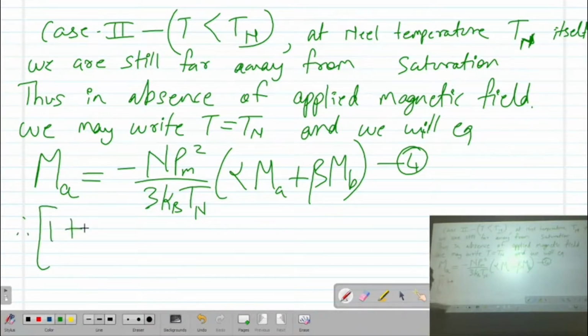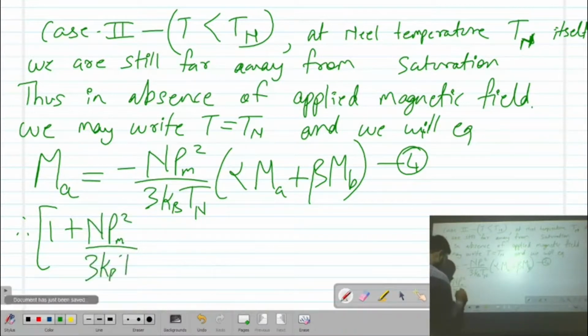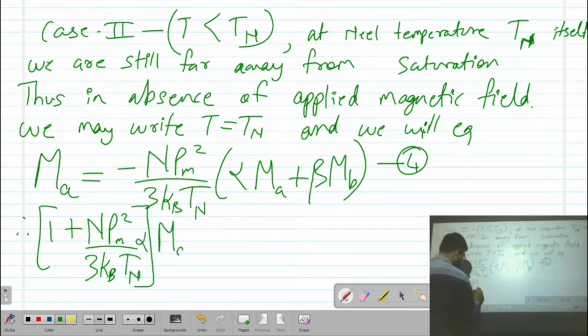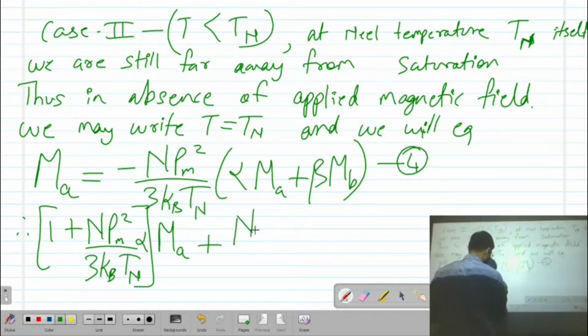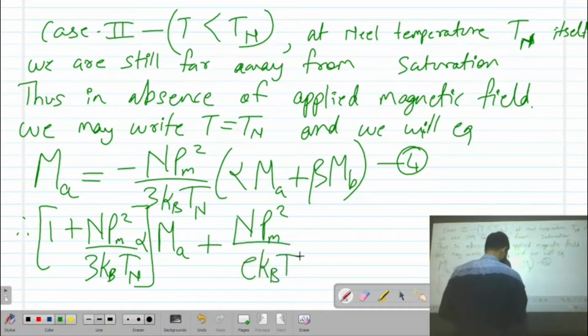Multiplying the individual terms and taking this part to the other side, we will get 1 plus n mu B square by 3 k B T of N alpha m of A plus n mu B square by 3 k B T beta m of B is equal to 0.